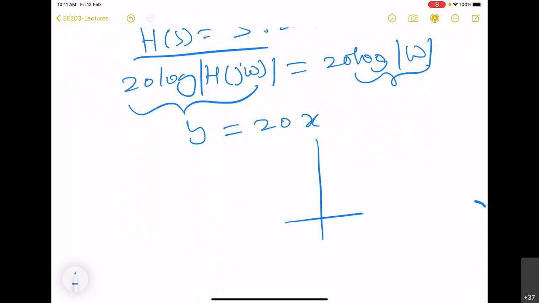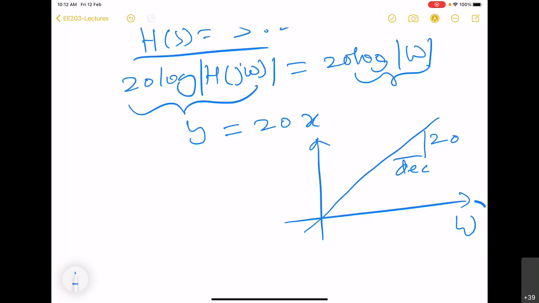For this case, the Bode plot is going to be a straight line with a slope of 20 dB per decade.